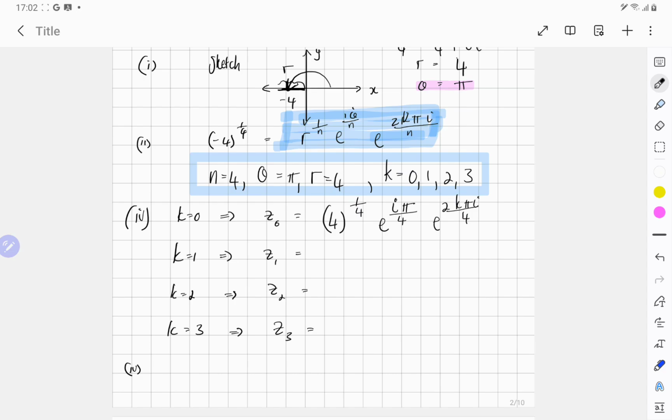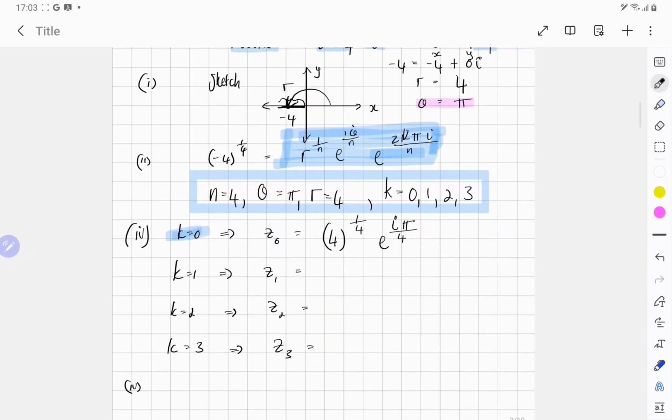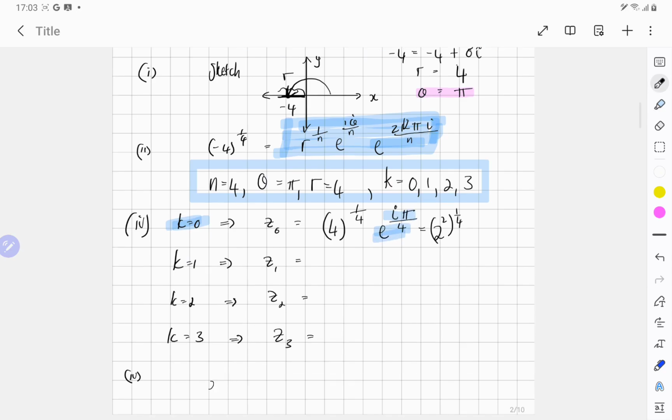But since k is 0, e to the 0 is 1, we can take that term away. So, just to recap, this will be equal to 2 squared to a quarter, and then very important, e to the iπ over 4.